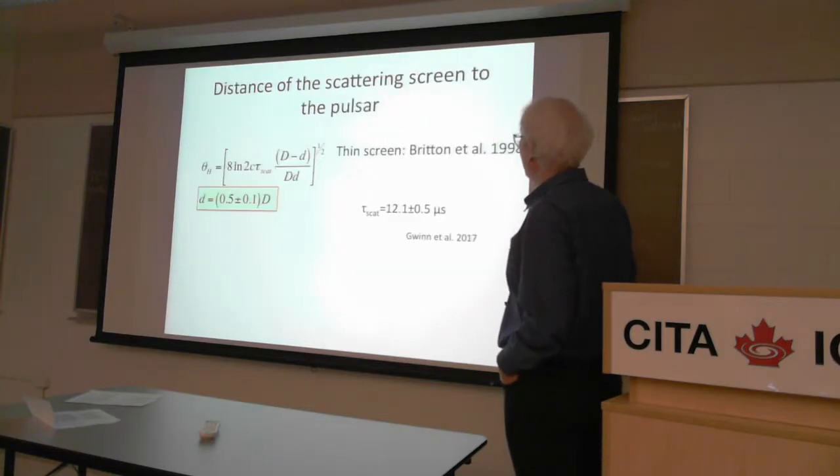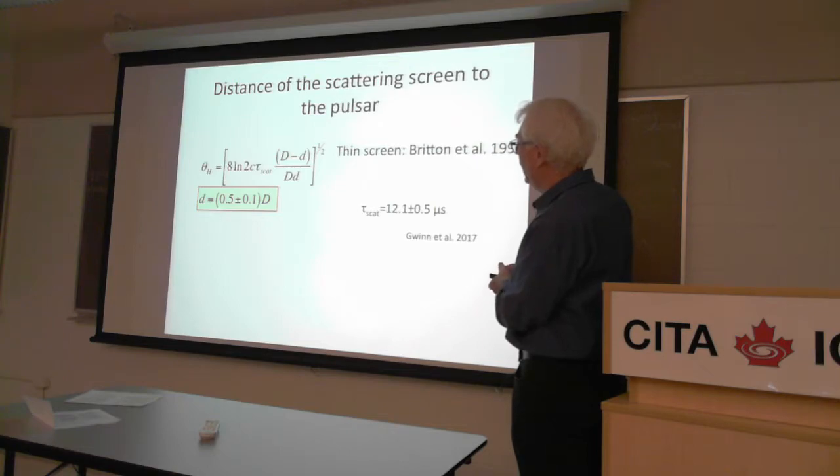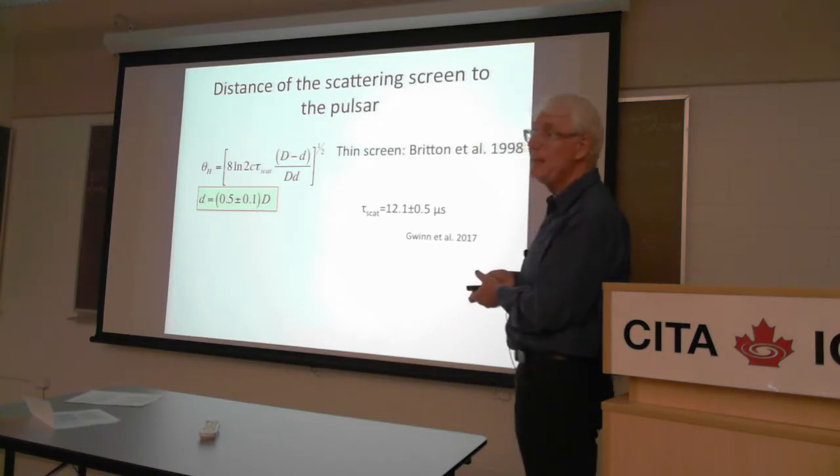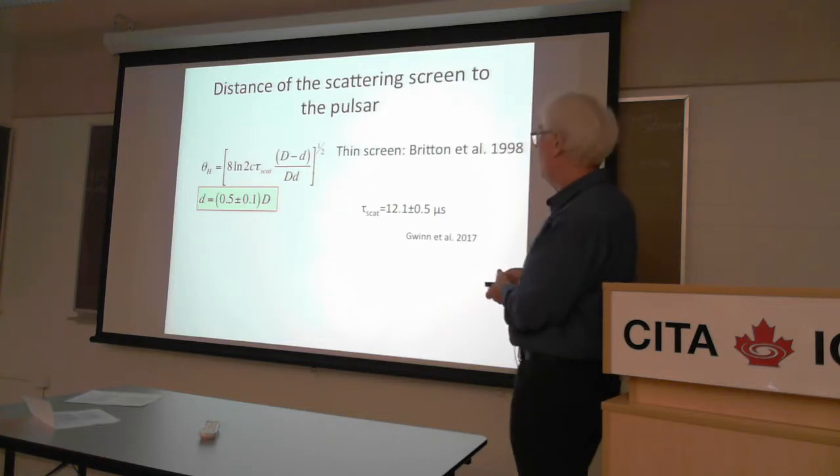Then we come to the distance of the scattering screen, and we assumed a thin screen. That was all calculated, and we plugged it into this formula. We had these scattering times from previous observations, and found that the distance of the scattering screen for a thin screen is in between the pulsar and our observation.